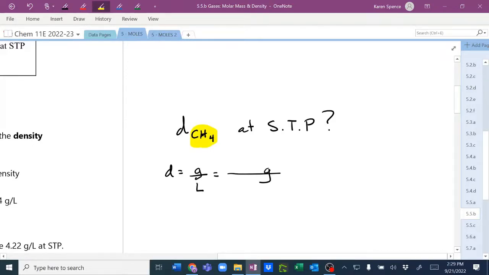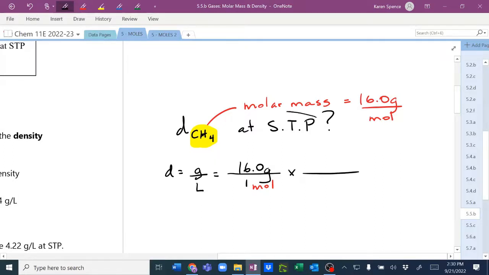You can find the molar mass of CH4, which is 12 plus 4, which is 16 grams per mole. So you can start with grams per mole, and then using the fact that it is at STP, you can cancel the moles and find the liters.